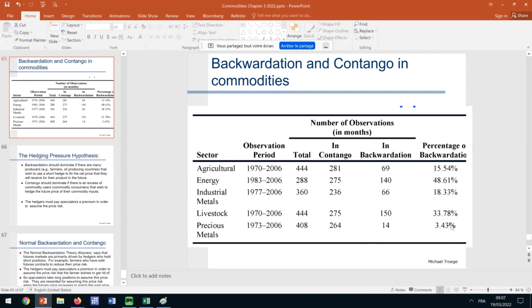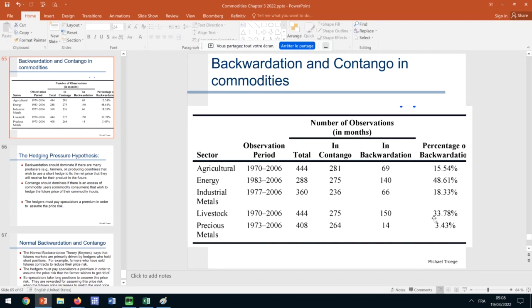But we see that backwardation is extremely rare for well arbitraged commodities where cash and carry operations work, such as precious metals. And it's quite frequent in non-storable commodities such as livestock. Non-storable commodities also that are produced, remember, by small farmers.